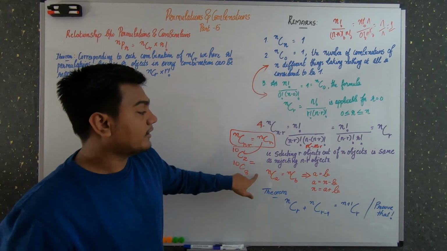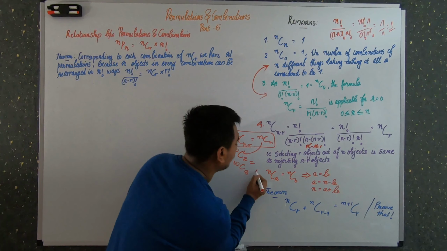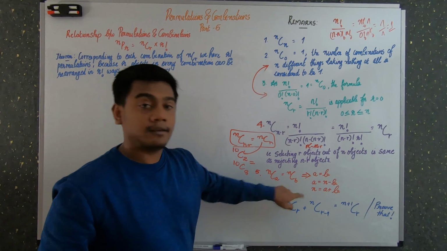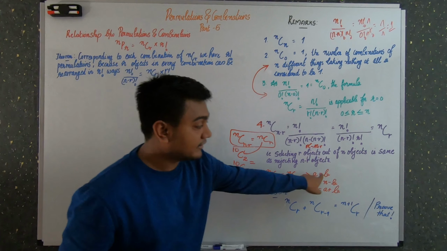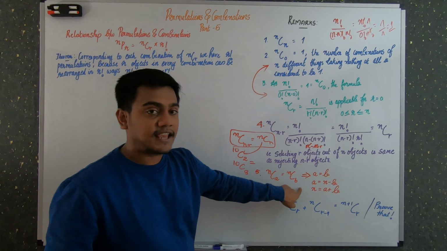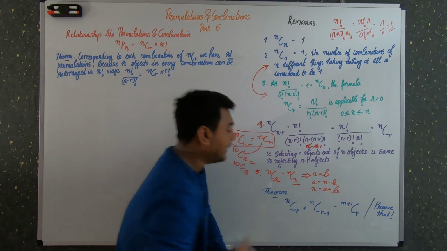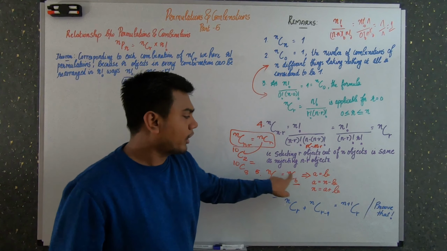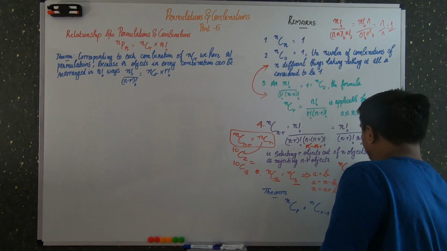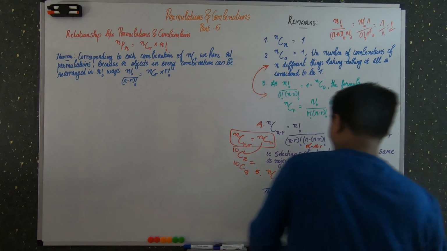Okay, so what is the next formula saying? This is the fifth one. The fifth one is nCa equals nCb, which says that two combinations are the same. So a is equal to b, it is said, right? So you can also write nCb as nC(n minus b).